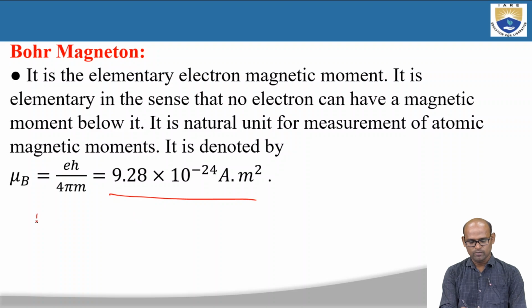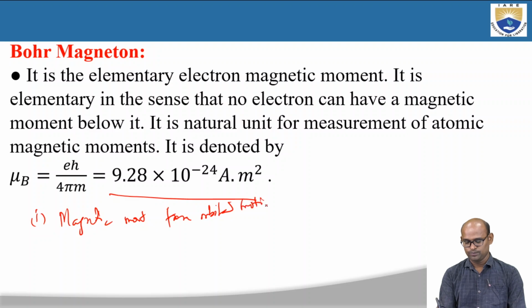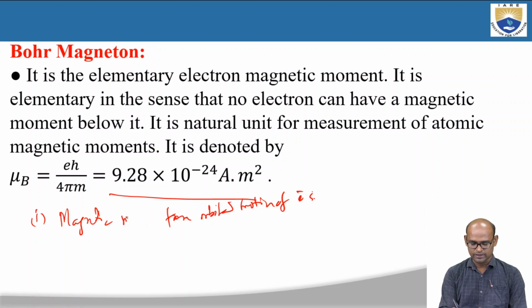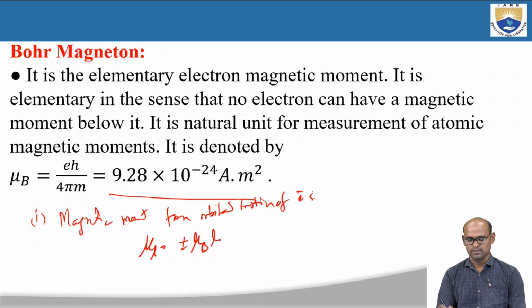We can write about the orbital magnetic moment coming from the orbital motion of the electron. So that is mu L, which is equal to plus or minus mu B into L.